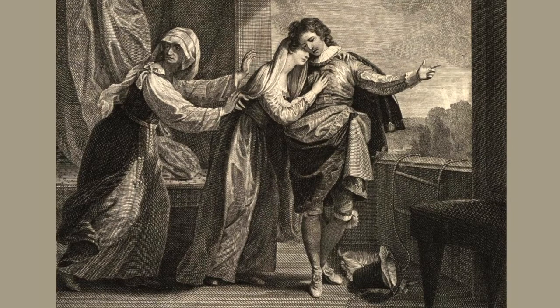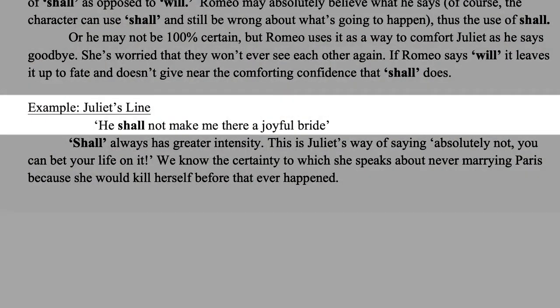Or he may not be 100% certain, but Romeo uses it as a way to comfort Juliet as he says goodbye. She is worried that they won't ever see each other again. If Romeo says will, it leaves it up to fate, and it doesn't give near the comforting confidence that shall does. Juliet, when she's talking to her mother, says, he shall not make me a joyful bride. She's 100% sure that it's not going to happen.